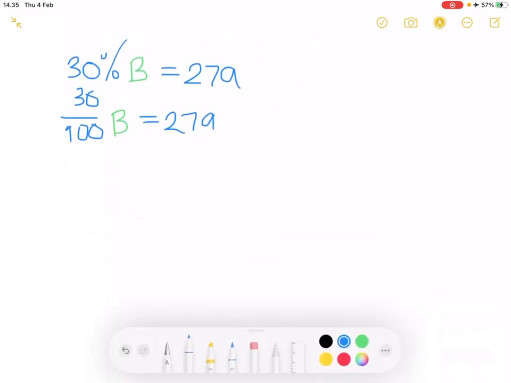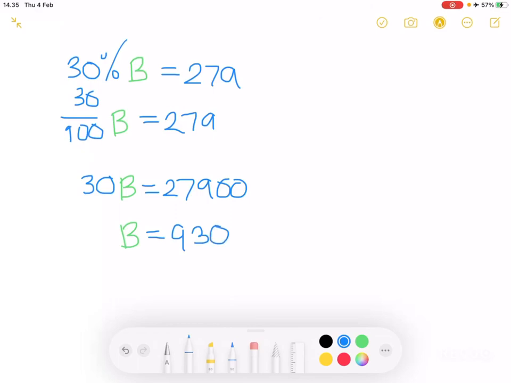I will not rewrite the steps, so you can just follow along. So 279 times 100 will be just 27,900. And then dividing both sides by 30, we're left with B is equal to 930. Yeah, 930. There we go. So that's our answer for the second example.